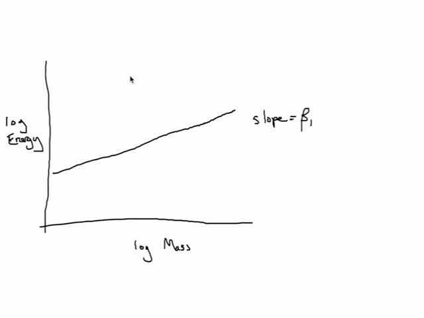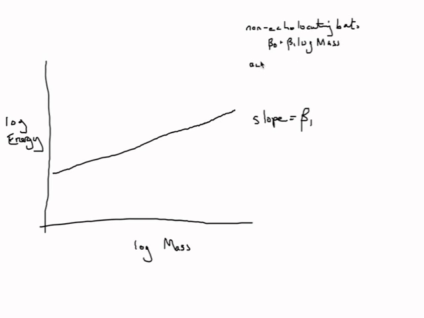Now the difference between our three models: our non-echolocating bats have the mean beta 0 plus beta 1 log mass, and that's it.